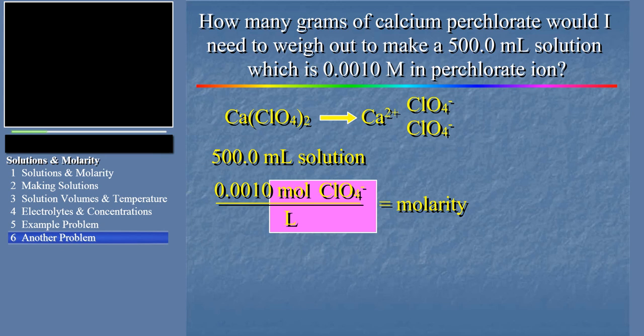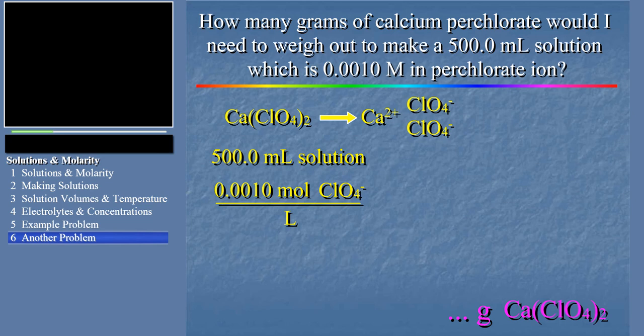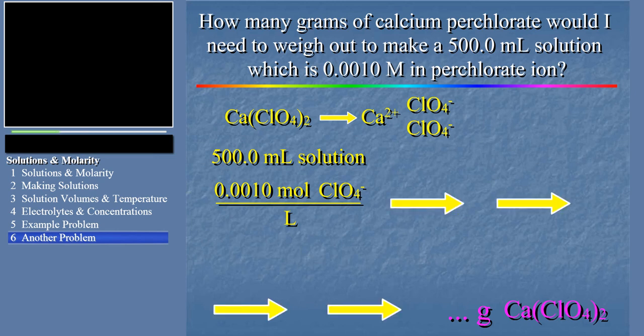Now let's start with this last idea. We want to get from there to grams of calcium perchlorate. We have 0.001 mole perchlorate per liter, and we can use dimensional analysis to go from here, step by step, to grams of calcium perchlorate. Now what shall we convert first?